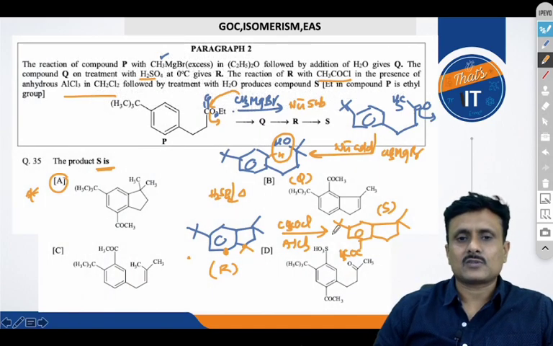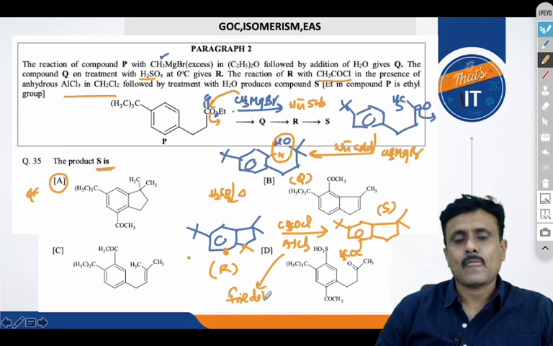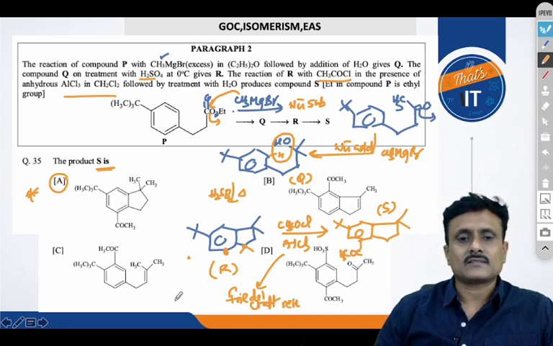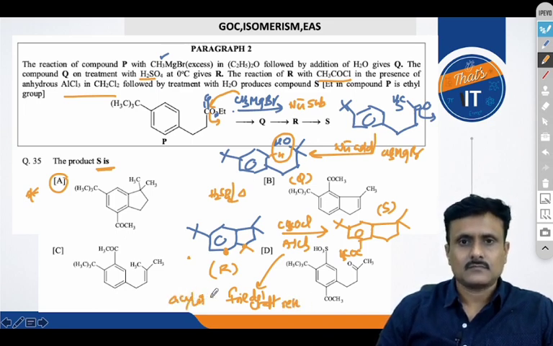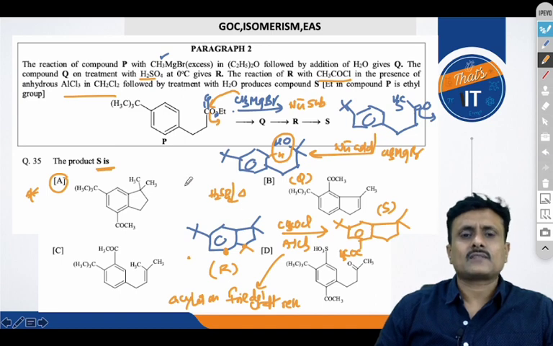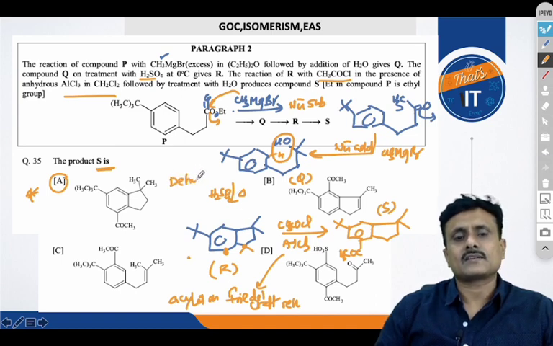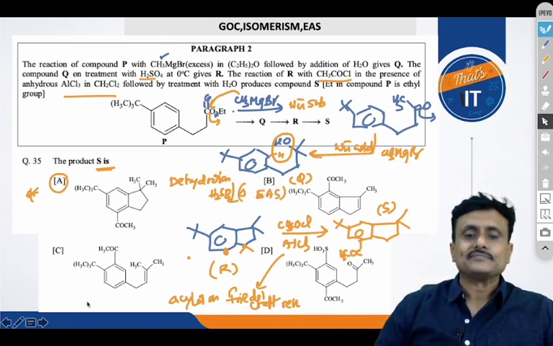You can see R to S is a Friedel-Crafts reaction, that is acylation. And Q to R is nothing but dehydration, or this is also electrophilic substitution only. So let's see the options.